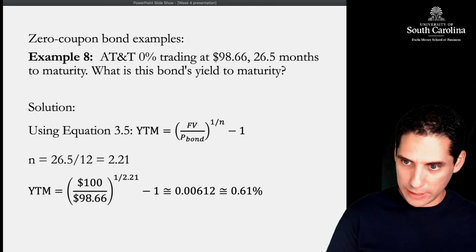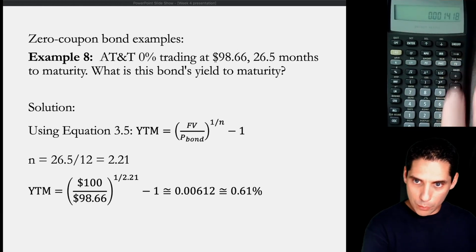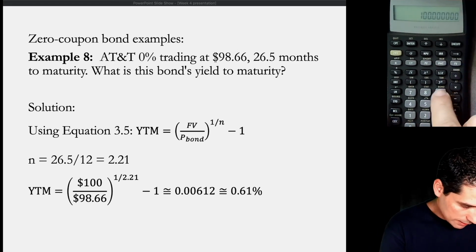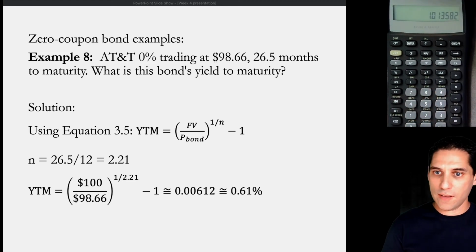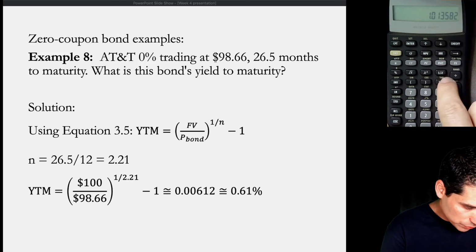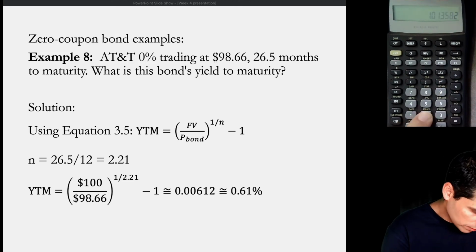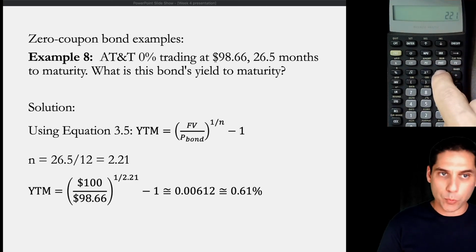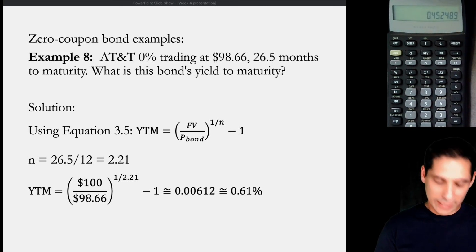And we can actually do this in the calculator really quickly, right? So what we are doing is 100 divided by 98.66, 1.013582, raised to, so what I'm going to do is I'm going to write 2.21, but before I press equal, I'm going to take the reciprocal, so 1 over this, right, which is 0.452489.